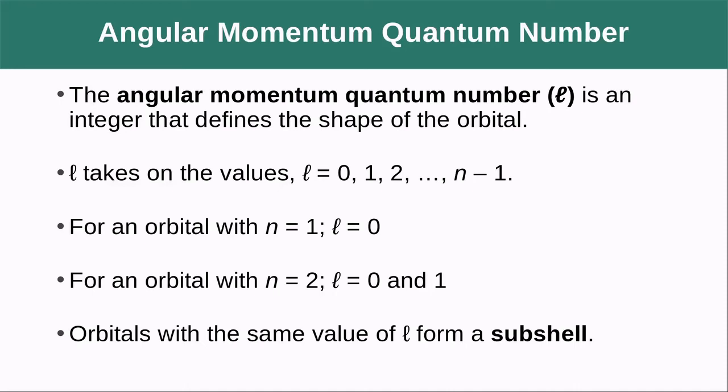So 0 through n minus 1. So if n is 1, L can only be 0. If n is 2, n minus 1 is 1, L has values of 0 and 1. If n was 3, n minus 1 would be 2, L could take on values of 0, 1, and 2.